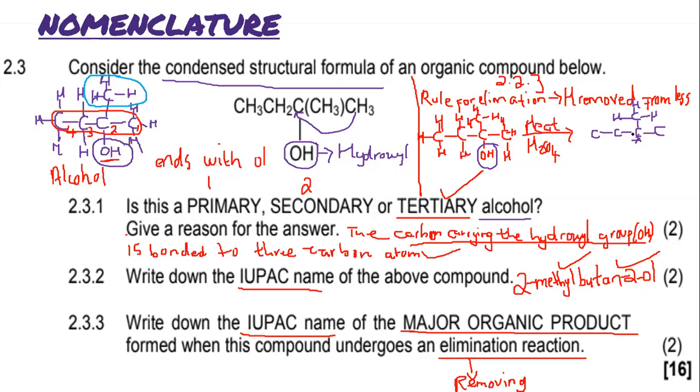So now the molecule looks wrong because there are only 3 bonds around this carbon. To fix this, I will have to put a double bond on this carbon.